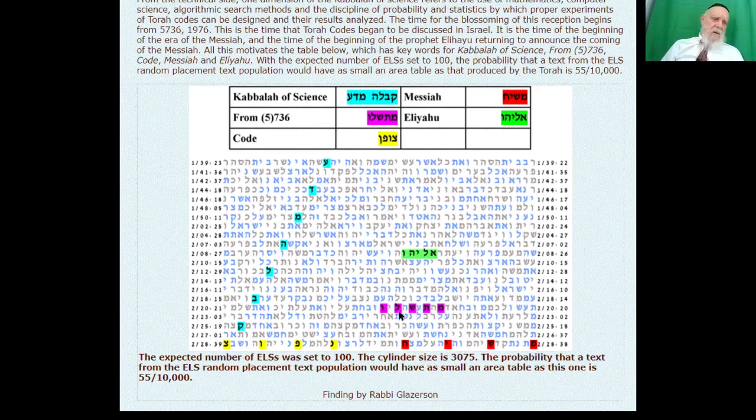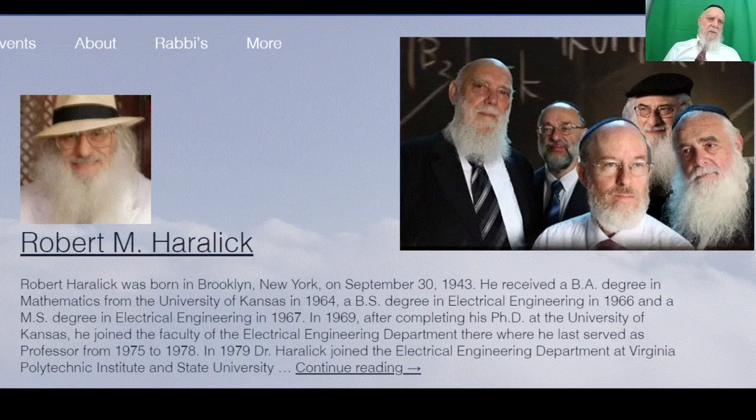I mean, on the site of Professor Haralick we have a lot of explanation about the connection of the research of the codes, which started in the year 5736, which is 1976, and Messiah, very interesting explanations, if you see the table there. So, an interesting and very important table, one of many about the Bible code.